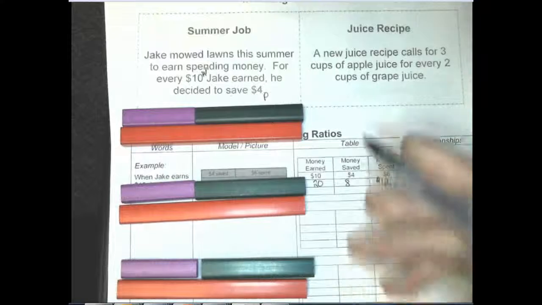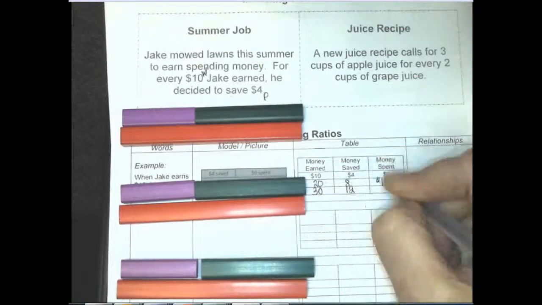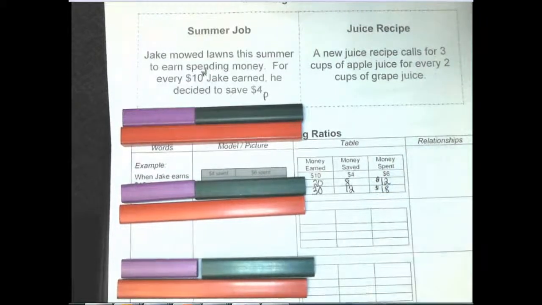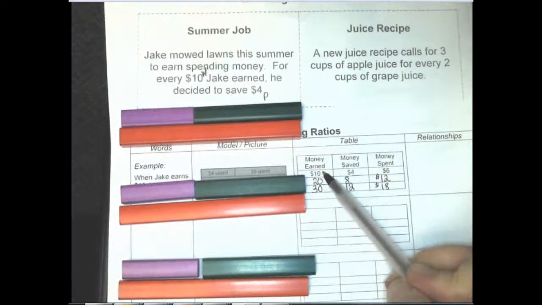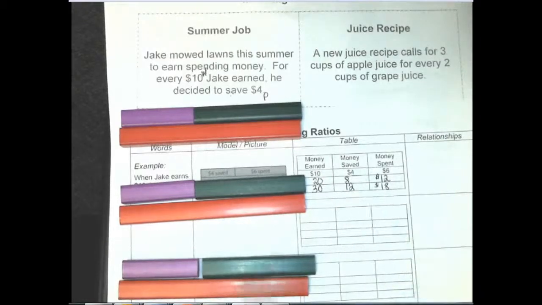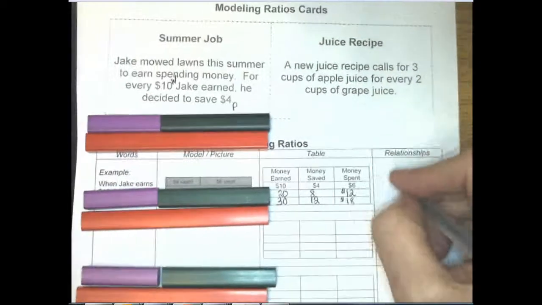It would be 3 groups of 10 is 30, 3 groups of 4 is 12, and 3 groups of 6 is 18, right? It's still multiplicative because with the original, it was 3 groups. I was tripling. Multiplicative thinking, okay?